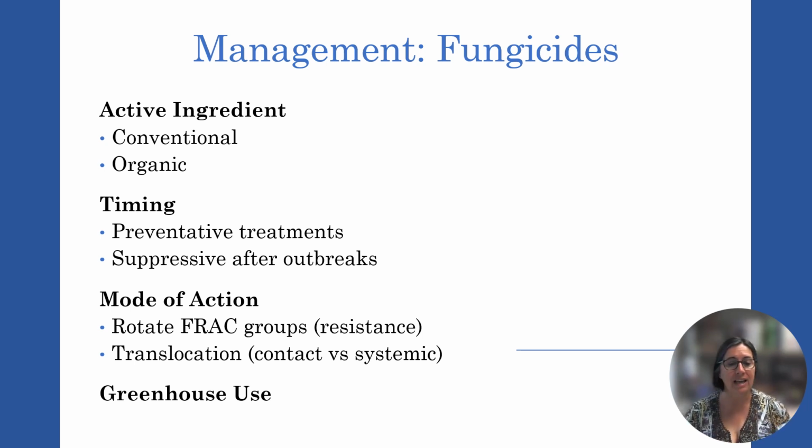There are different modes of action of our fungicides. We classify those into what we call FRAC groups. Those are fungicide resistance groups, and we rotate FRAC groups. If you don't know what a FRAC code is, look down in the description. I will have some additional resources there. And again, translocation is how the fungicide will move within a plant.